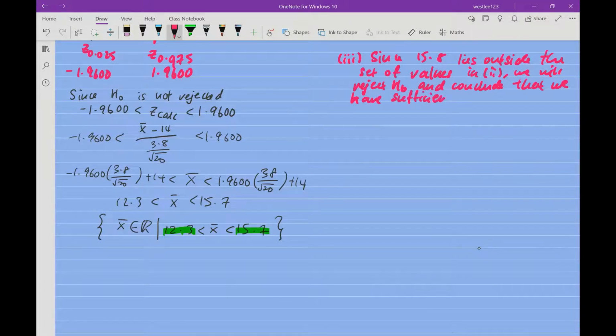Every time you write we have sufficient evidence, you must write down the level of significance, because having sufficient evidence at 5% level of significance does not necessarily mean that you have sufficient evidence at 1% level of significance.